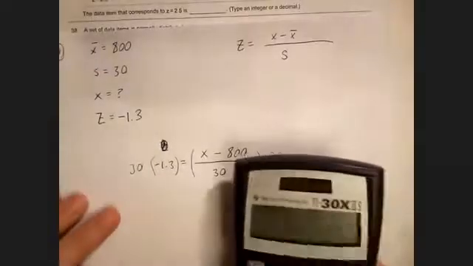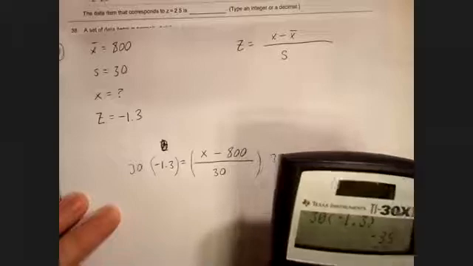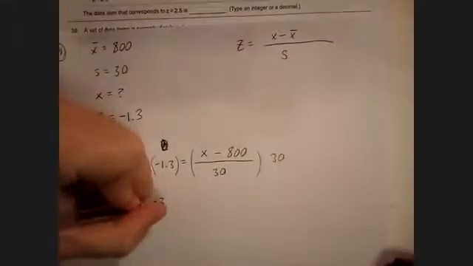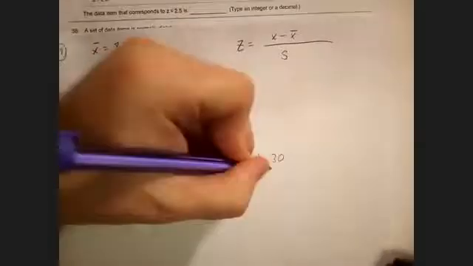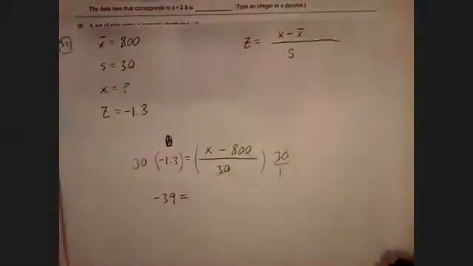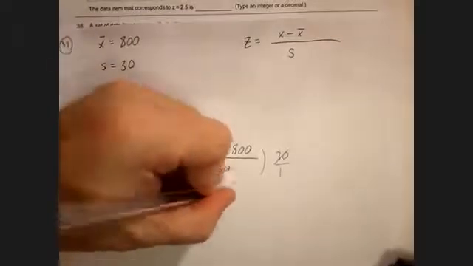Okay, it turns out it gives us not a decimal, so that's very nice. Minus 39. Now, on the right side, by multiplying by 30, the fraction will cancel out with this 30. Okay, so I have X minus 800 over 1, or just X minus 800.